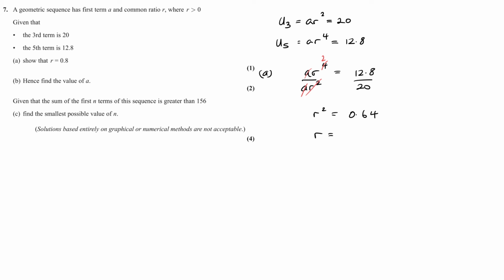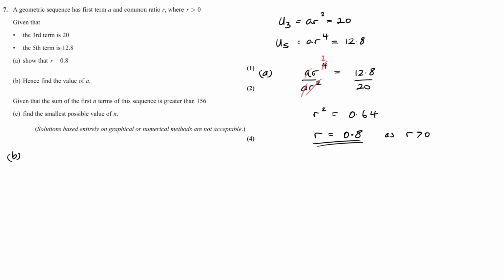Therefore r equals 0.8, because if I square root that, I would get plus or minus 0.8, but as r is greater than 0. Sometimes I might have put the plus and the minus in first and then put the positive, but I'll just put it with r greater than 0 next to it.